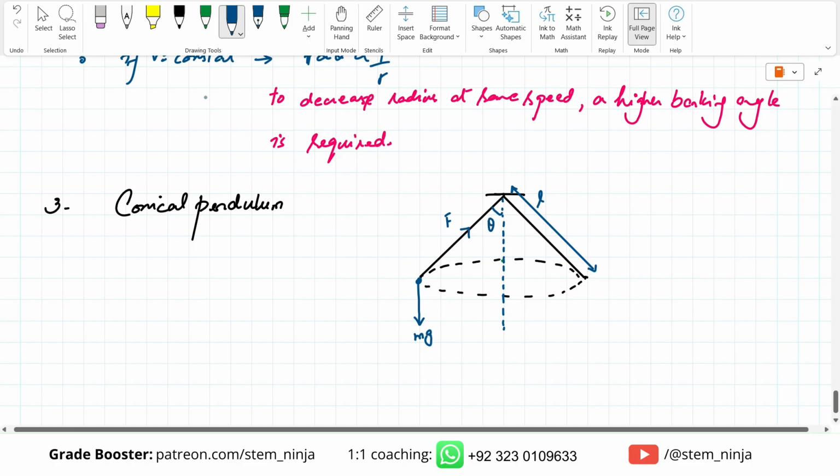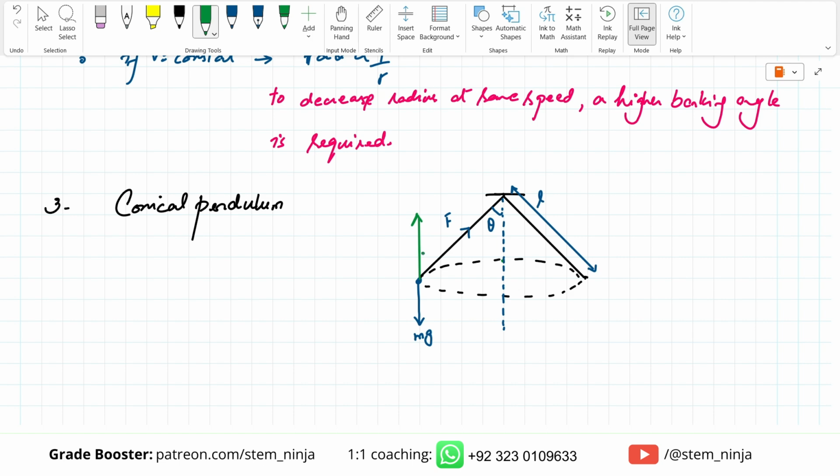Since there is an angle, we can resolve the tension into two components. So this would be F cos theta, and this would be F sine theta, and obviously this is the radius of the circular path.